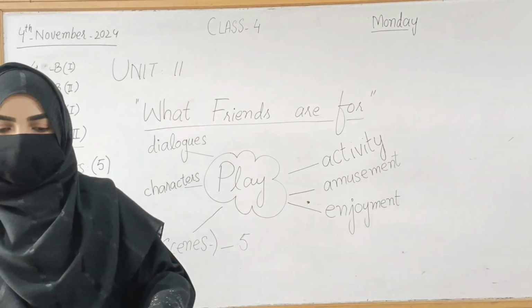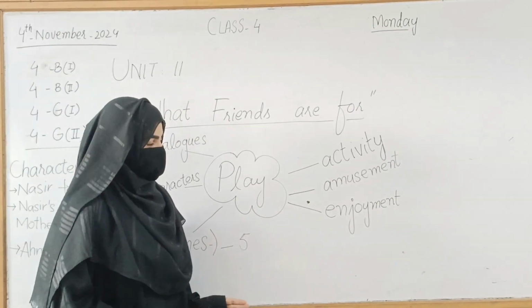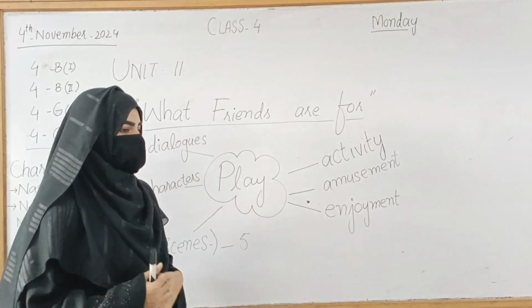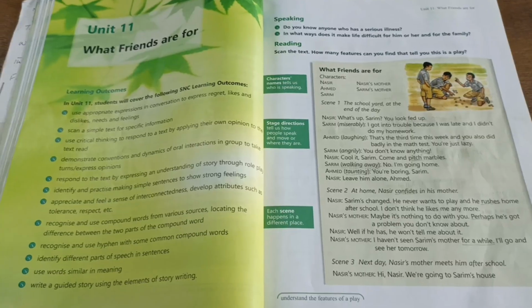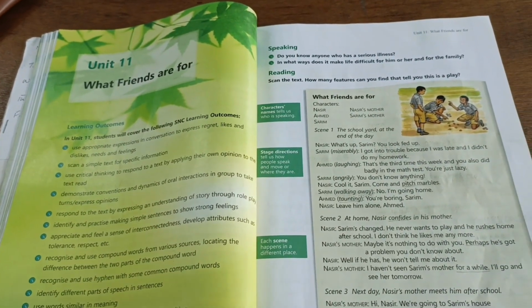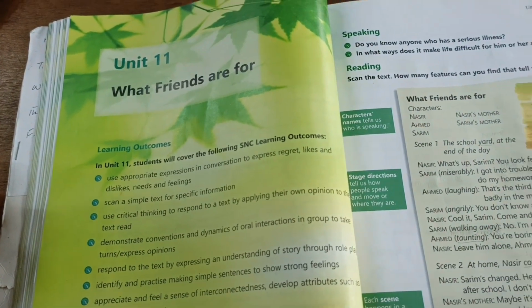Now we will proceed towards reading of the chapter so that you all can easily get what is in this chapter and what this play is. Okay, let's move on. Yes everyone, as we have just discussed, unit number 11 is termed What Friends Are For.